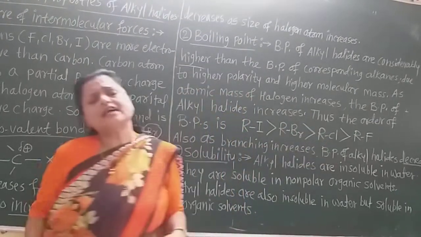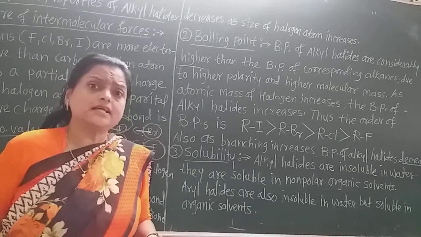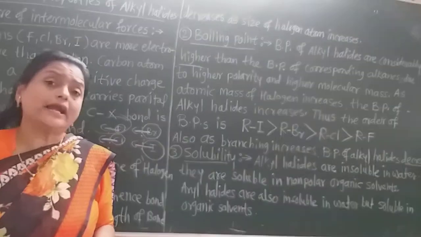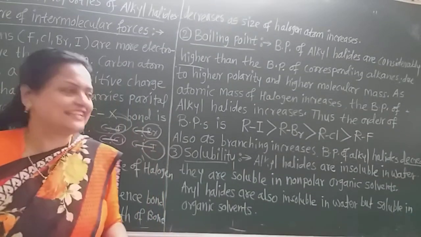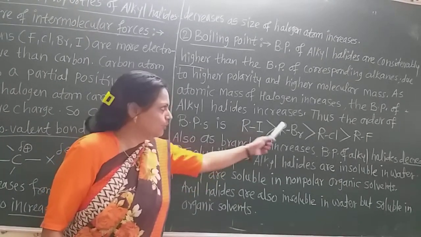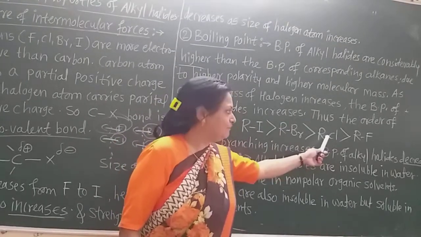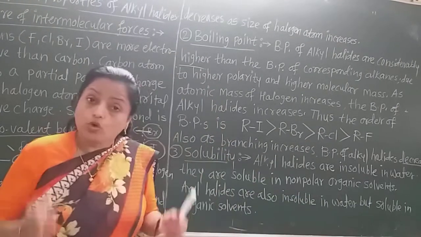You may ask me the question: madam, there are higher intermolecular forces in the case of RF, the alkyl fluoride, then why is its boiling point less? The other reason is the molar mass: iodine has a greater molar mass than bromine, bromine has a greater molar mass than chlorine, and chlorine has a greater molar mass than fluorine.